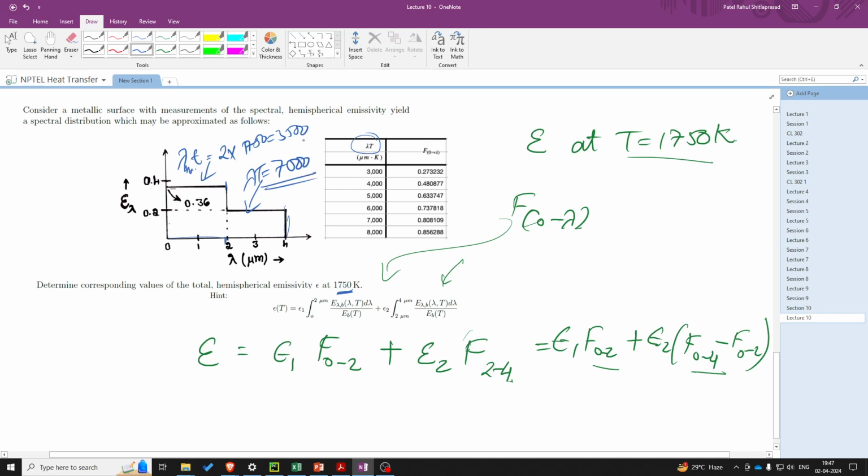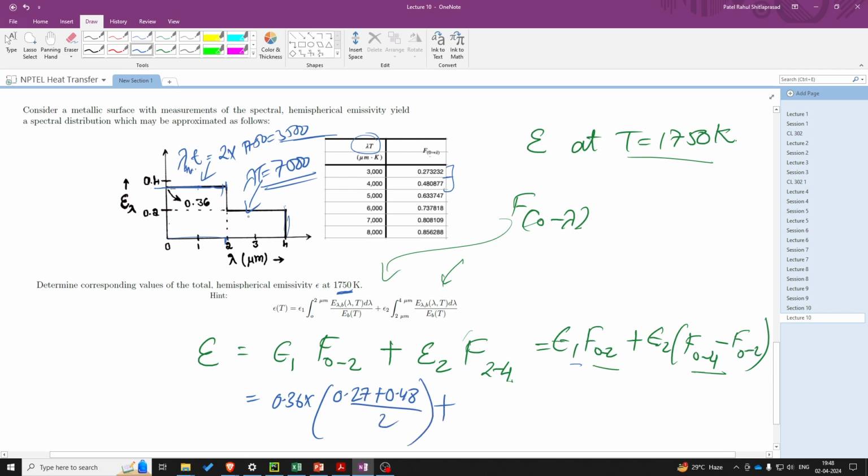So for 3500, in order to find f of 0 to 2, we can just take the average of both of these terms. The emissivity in this range is 0.36 into f of 0 to 2, which is nothing but the average of both of these terms, so 0.27 plus 0.48 upon 2.